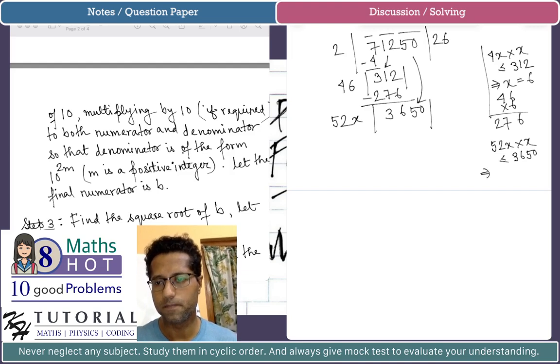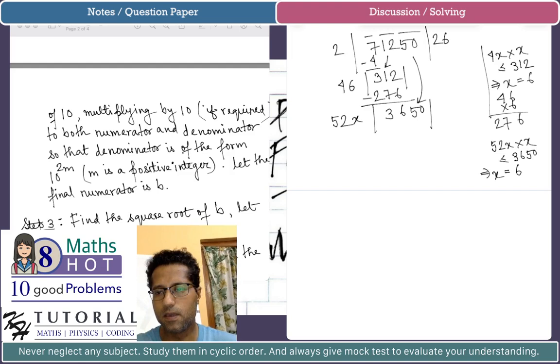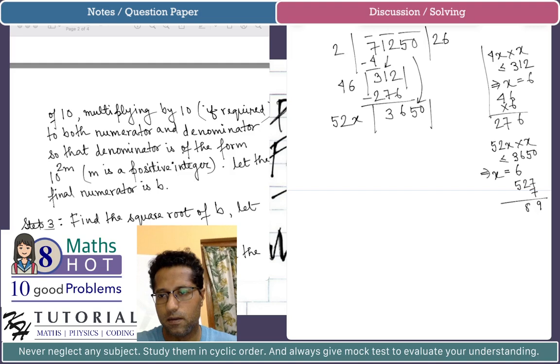Can x be 7? 527 multiplied by 7 is 3689, which is exceeding.